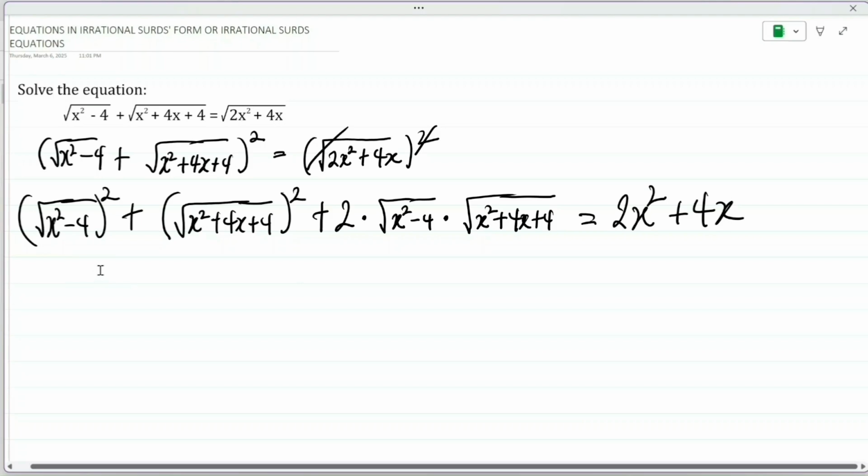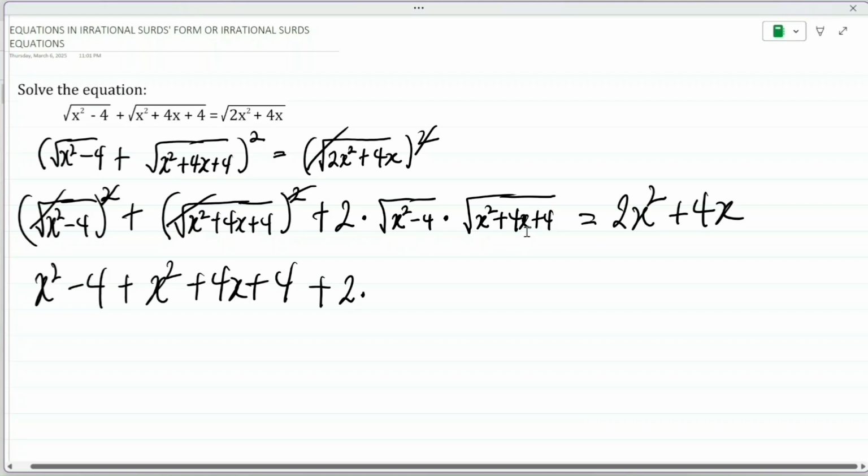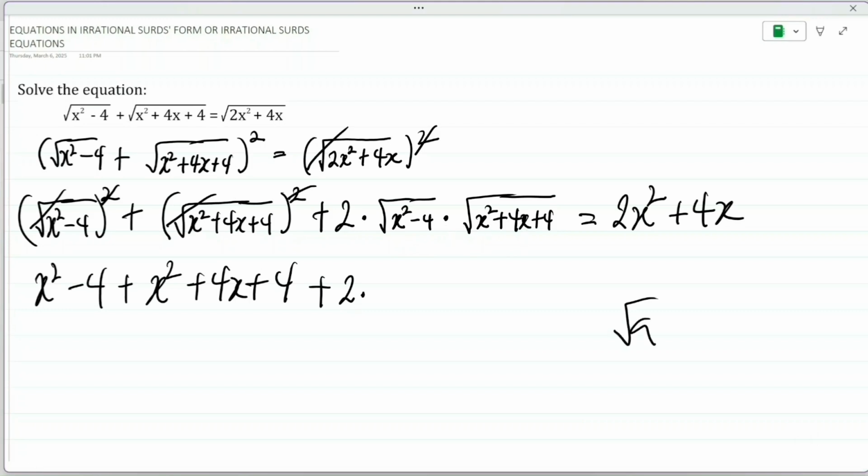On the next line, starting from the left, your square cancels your square root. You'll be left with x squared minus 4, plus your square also cancelling your square root. You'll be left with x squared plus 4x plus 4, plus you have 2 times. Since this is under square root and this is under square root and they are linked by times, it's like saying square root of a times square root of b can be a big square root of a times b.